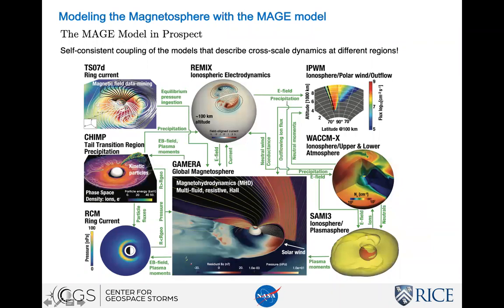To capture these important processes, we propose the MAGE model to self-consistently couple the models that handle the different regions and different physics. Here is a diagram with all the related models listed.